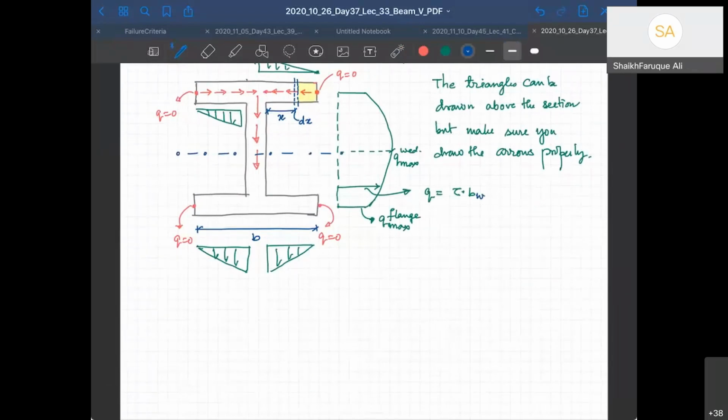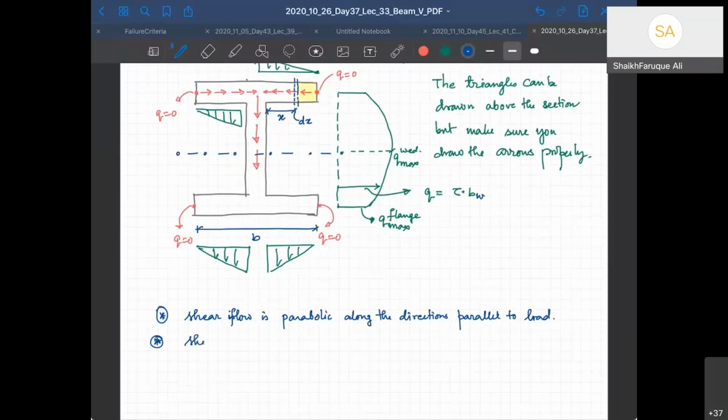Okay. Now points. Shear flow is parabolic along the direction parallel to the load.